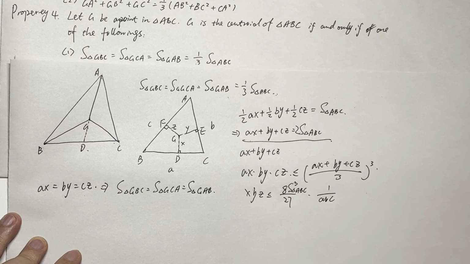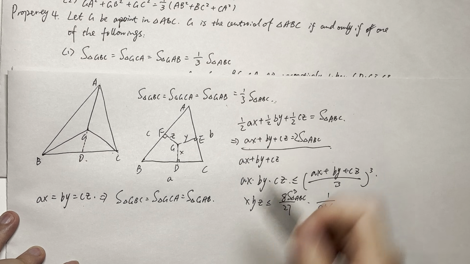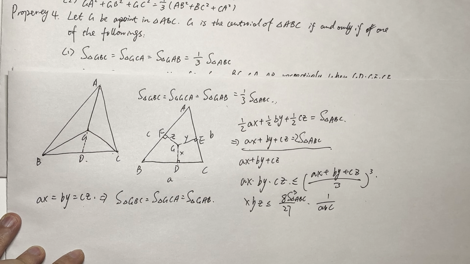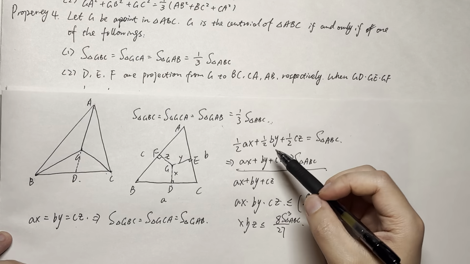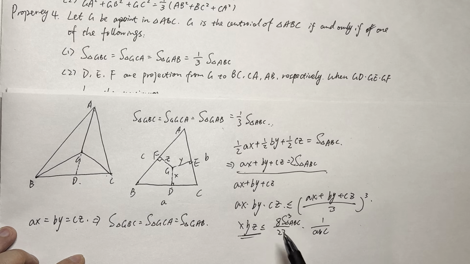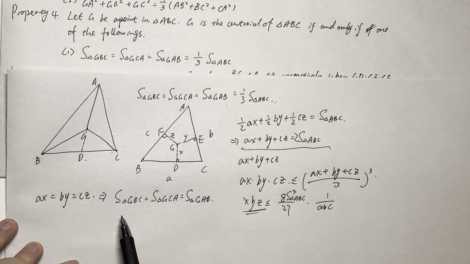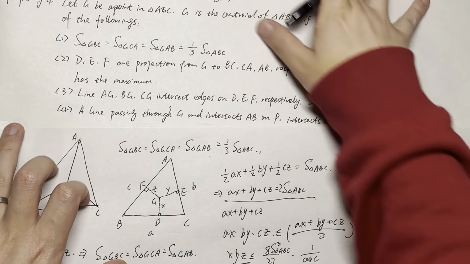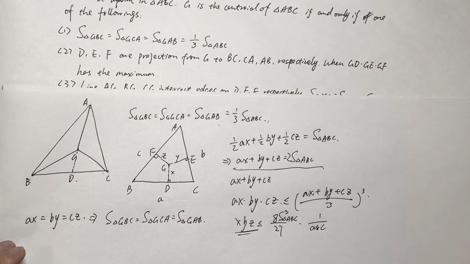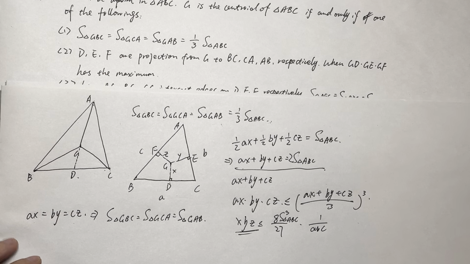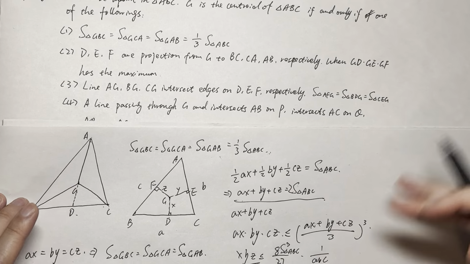Which, from the first problem, proves that G is a centroid of triangle ABC. So once xyz has a maximum value, we know that G is a centroid, right? You can see this is kind of similar to what we proved before regarding the incenter and circumcenter, just in a different form.